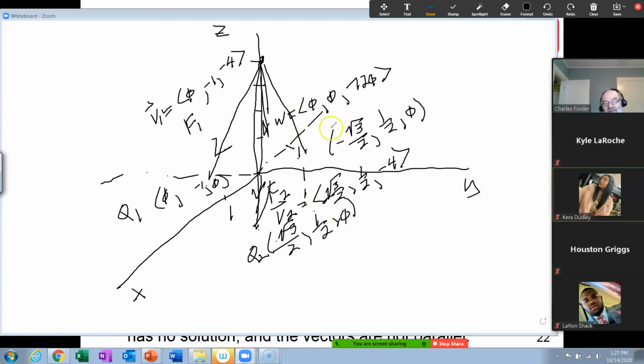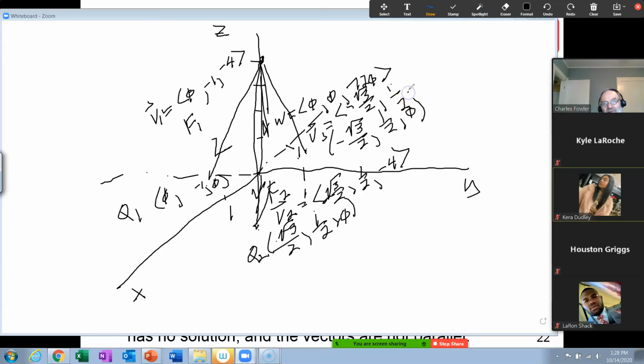Because this minus that. Okay. This one over here, I'm going to call V3 is equal to negative root 3 over 2, 1/2, negative 4.